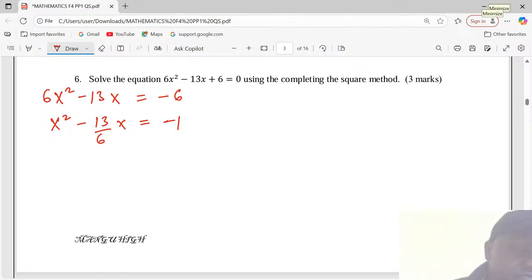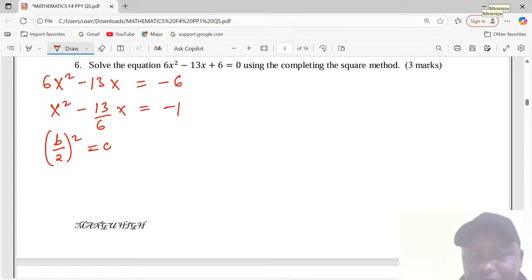Now, the other thing that remains is to make the left-hand side a perfect square. What is a perfect square? A perfect square is an expression whereby when we take b over 2 and square, we get the constant c. So for this one, we have to get the constant that is supposed to be added.